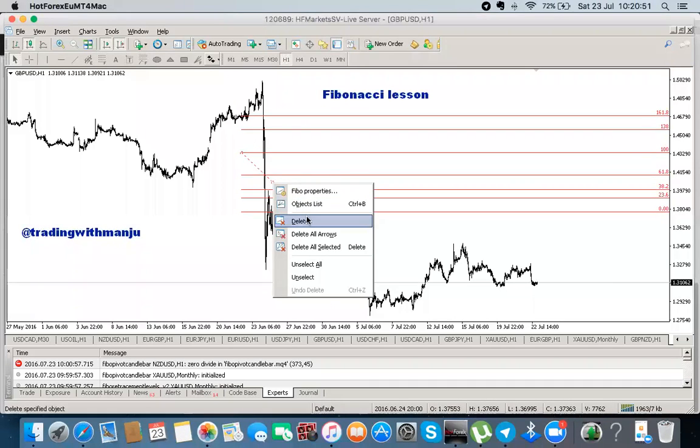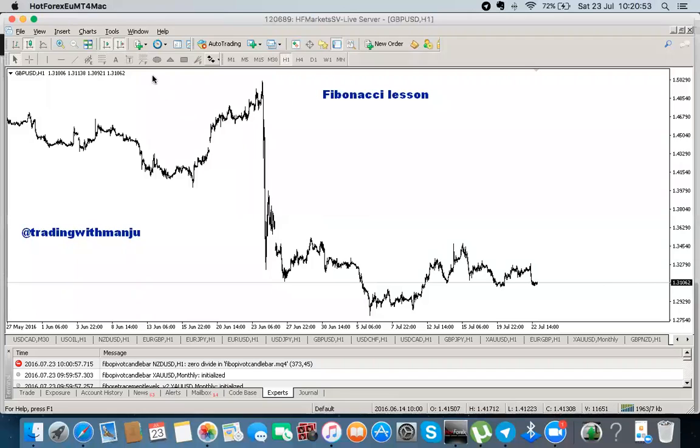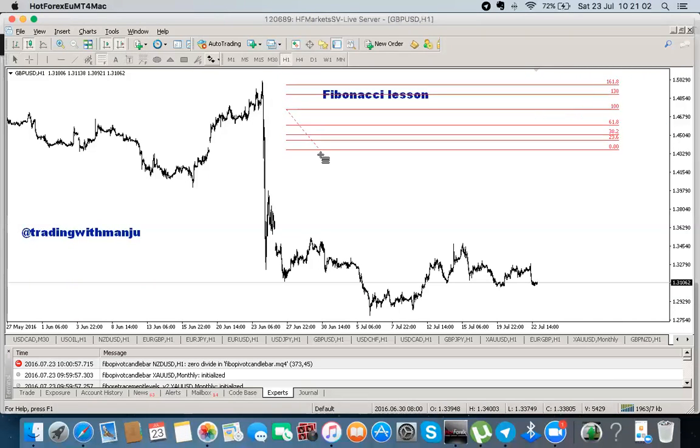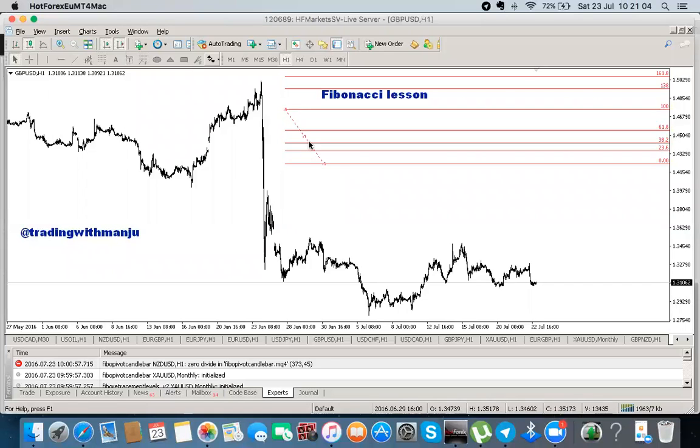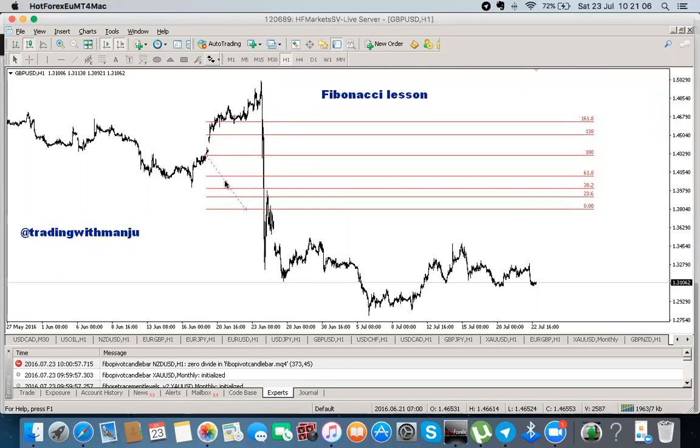If you want to draw Fibonacci, you can just click on this option here, the Fibonacci retracement option, and draw this line like this. You can see the Fibonacci starts from 0, 23.6, 38.2, 61.8, and there is another one called the 50% Fibonacci.